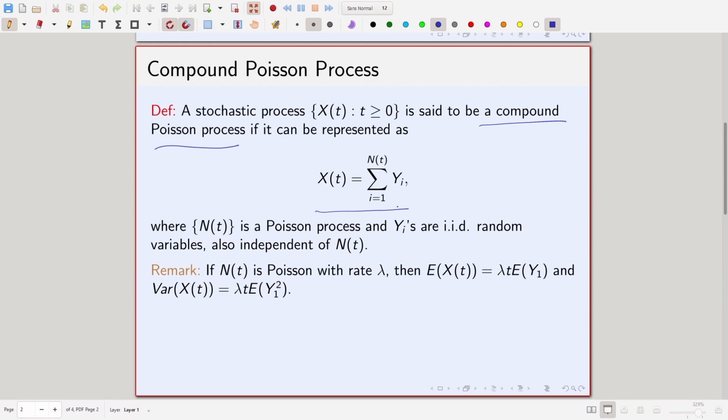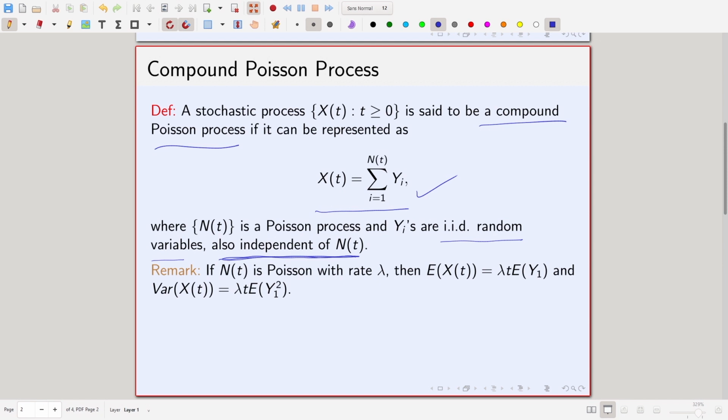X_t is the summation, i running from 1 to N_t, of Y_i, where N_t is a Poisson process with some rate and the Y_i's are iid random variables with some distribution which is also independent of N_t. So X_t is a random sum where the upper limit of summation N_t is a Poisson process with some rate lambda, and these summands are iid random variables, but the important thing is that these Y_i's are also independent of N_t. If X_t can be written in this way, then we say that the stochastic process X_t is a compound Poisson process.